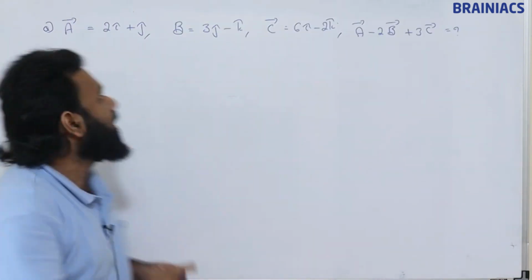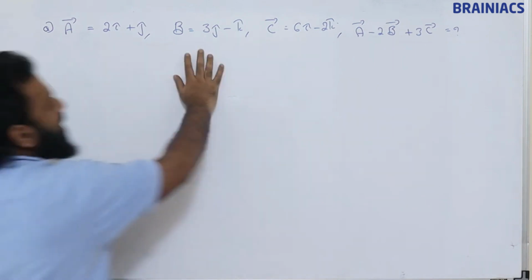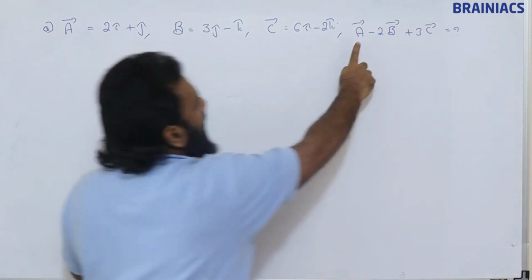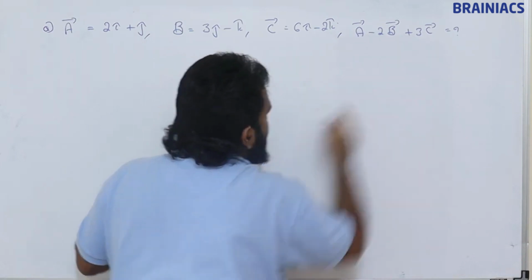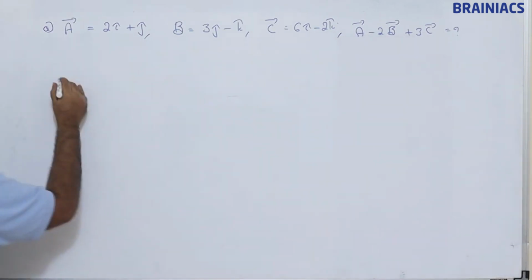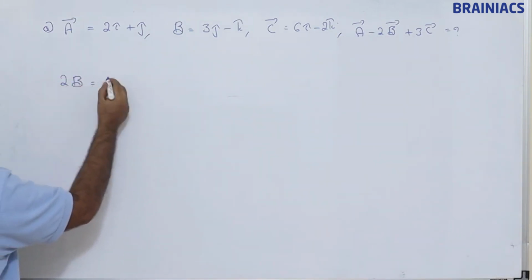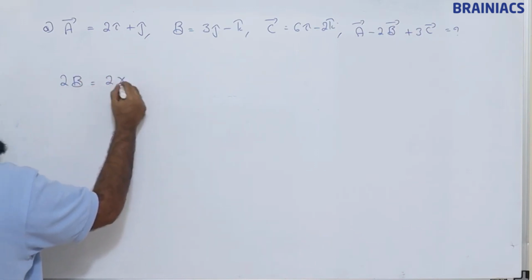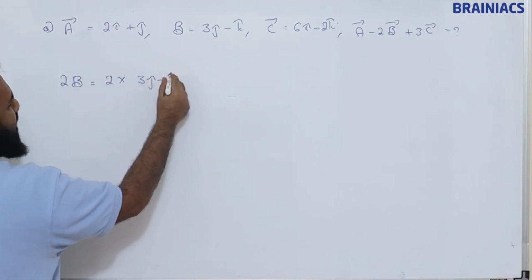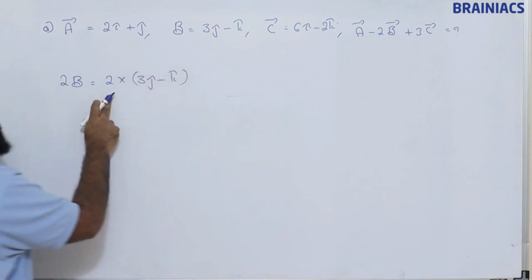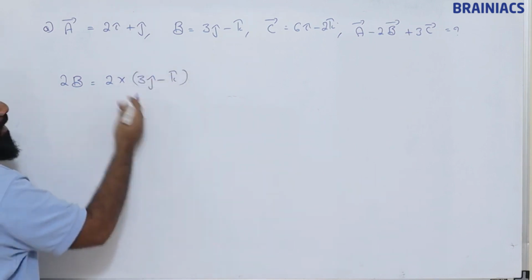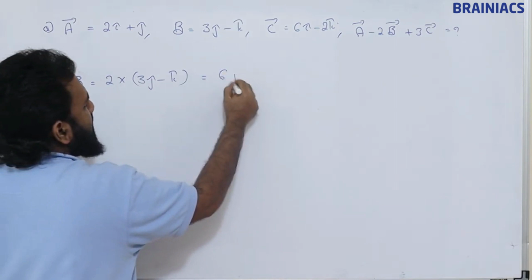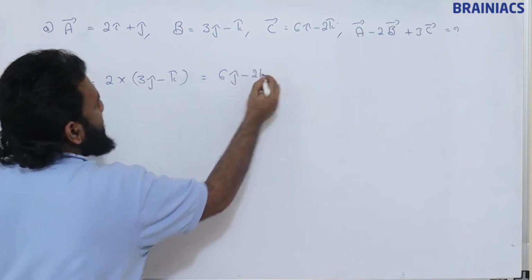Take this question: vector a is this, b is this, c is this. We need to find a minus 2b plus 3c. So 2b is nothing but 2 into (3j minus k). This is a scalar, this is a vector, so we can multiply inside: 6j minus 2k.